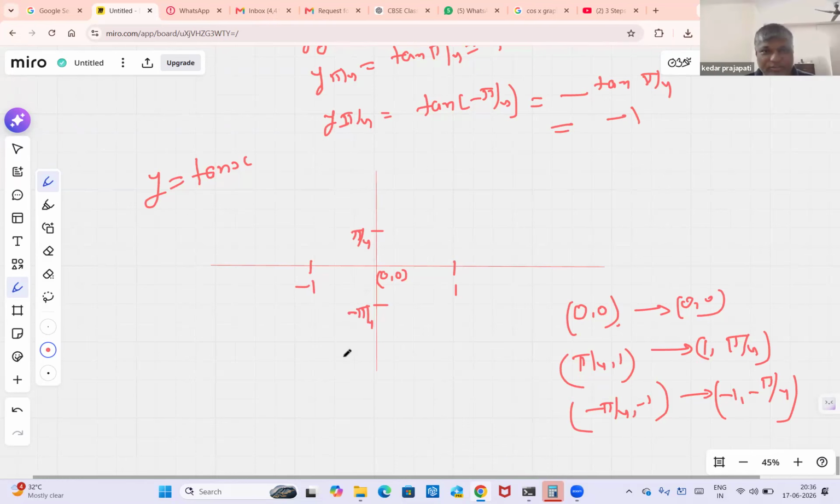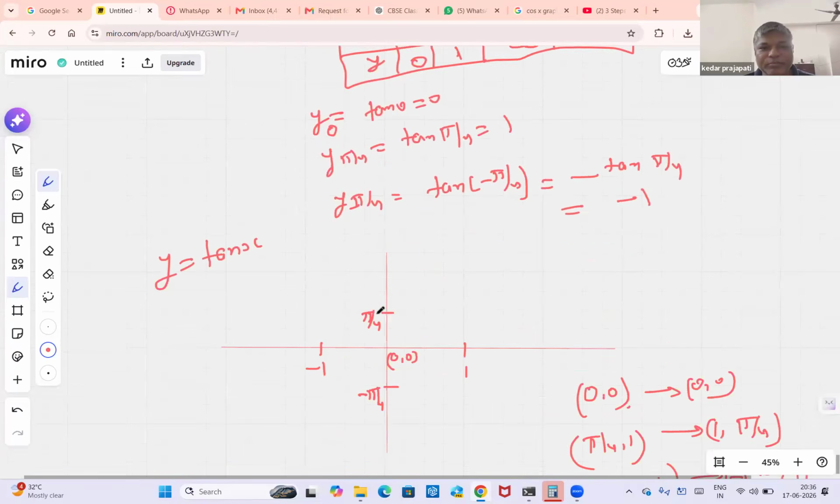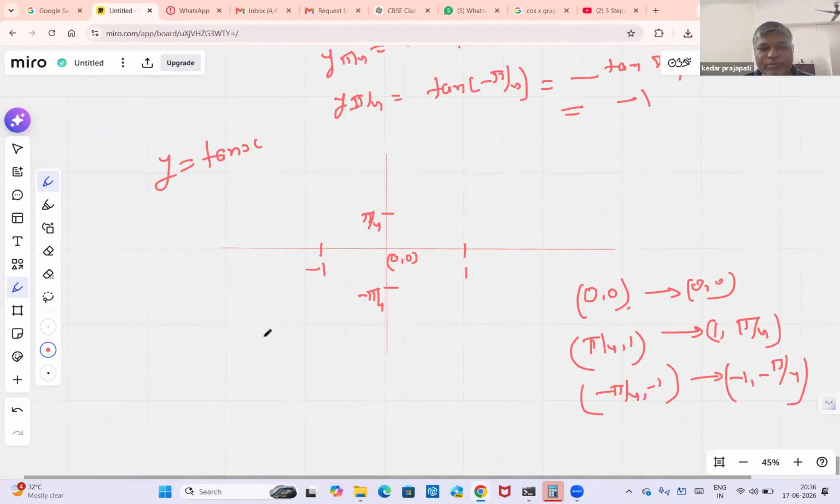But see, we drew tan inverse x between minus pi by 4 and pi by 4. But tan inverse x is also defined for more than pi by 4, right? 60 degrees we have, 70, 80. Only 90 degrees is not defined. So what we will do?